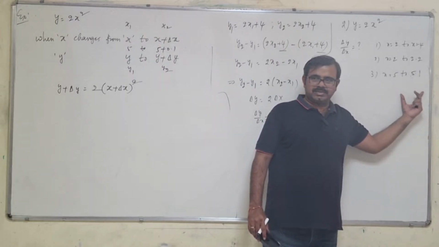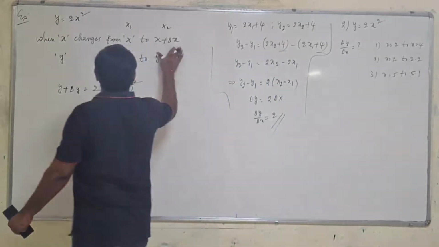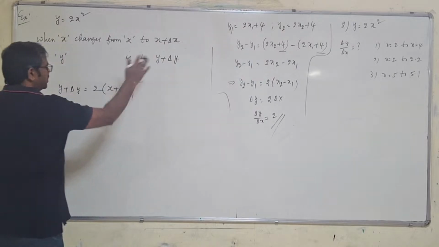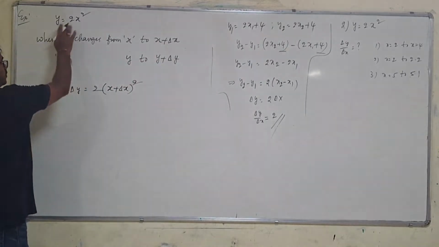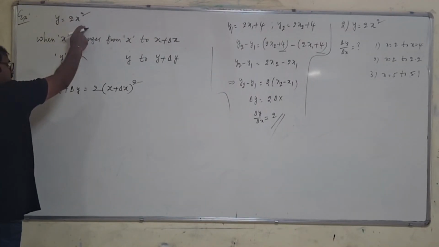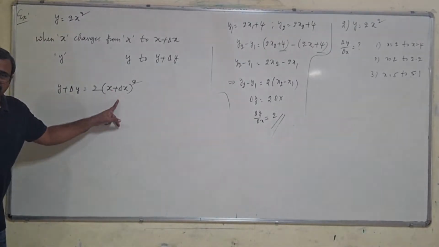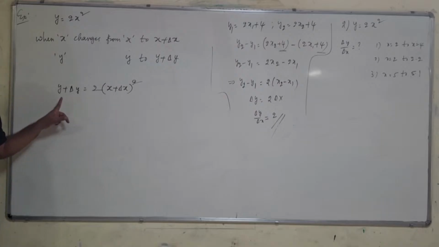You understand this? So here when x changes from x to x plus delta x, y changes from y to y plus delta y. So when x value is x, we have y is equal to 2x square. When x value is x plus delta x, the value of y should be y plus delta y. You understand this equation? Okay.